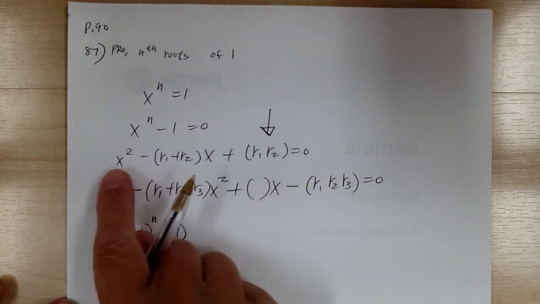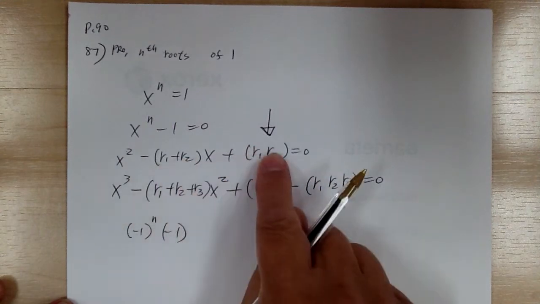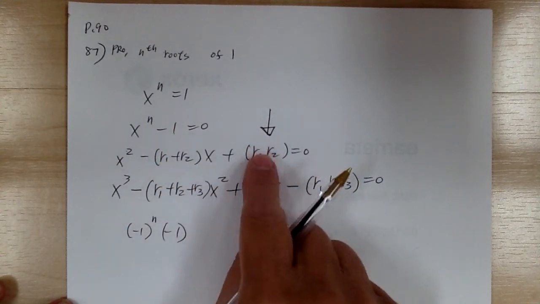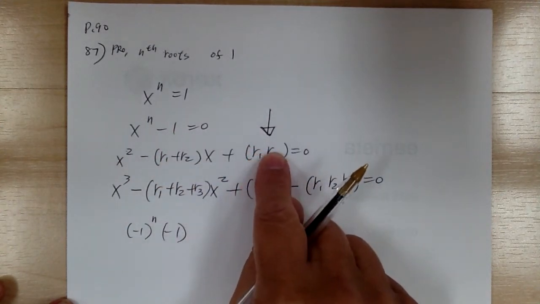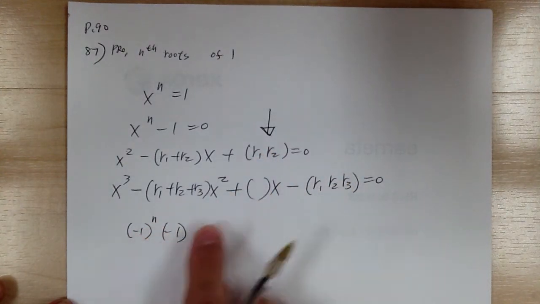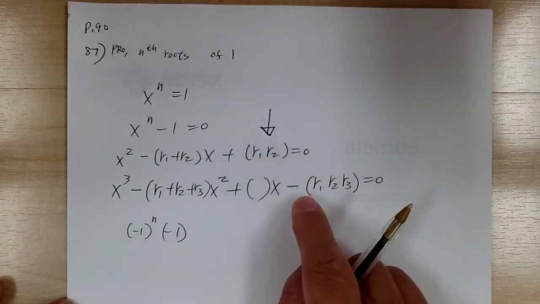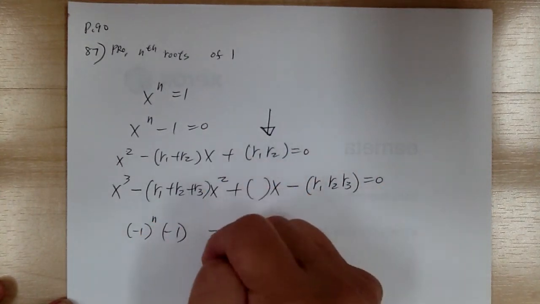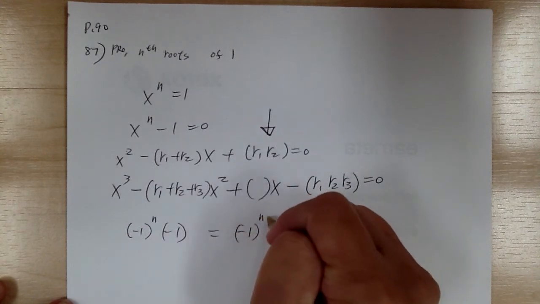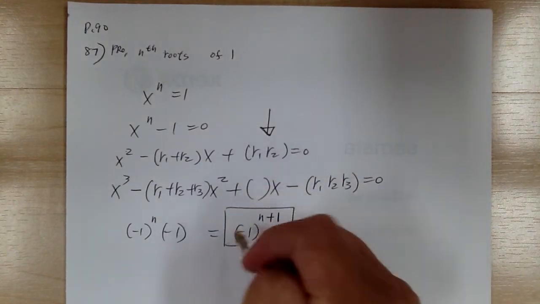When n equal to 2, it would be opposite, it would be negative, so the product would be negative. So when n equal to 2, that's correct. You can adjust this one to make sure the signs match. And if you multiply this out, this will equal negative 1 to the n plus 1. And this would be the product of your roots.